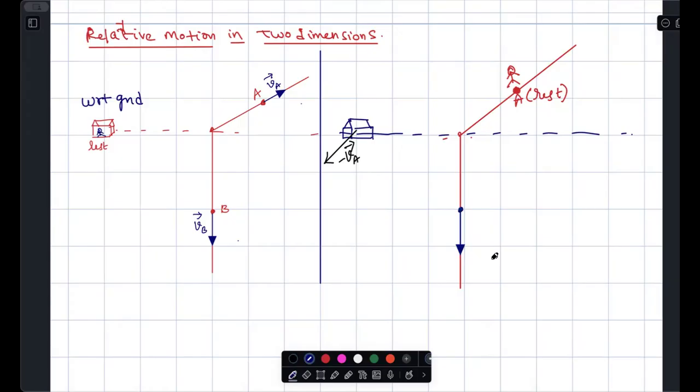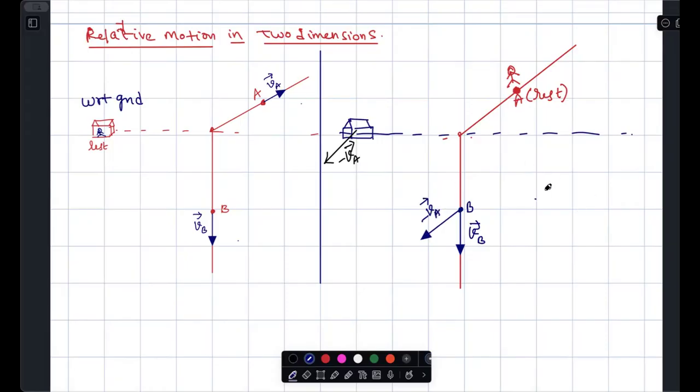B is having some velocity like this, VB bar. This is B, as observed by an observer on the ground. But with respect to A, the same thing is going to have some minus VA bar velocity.